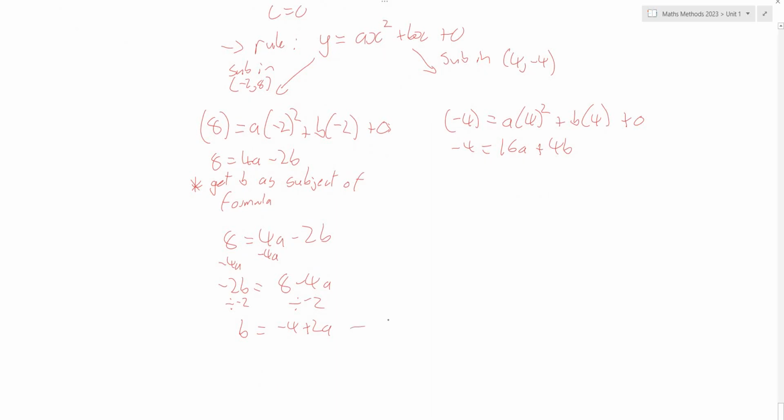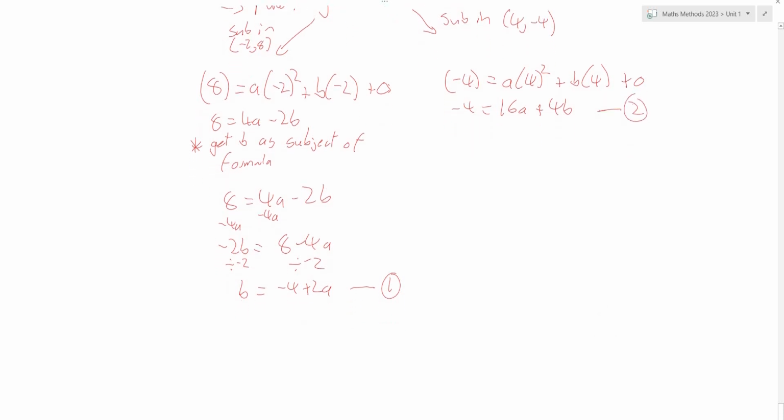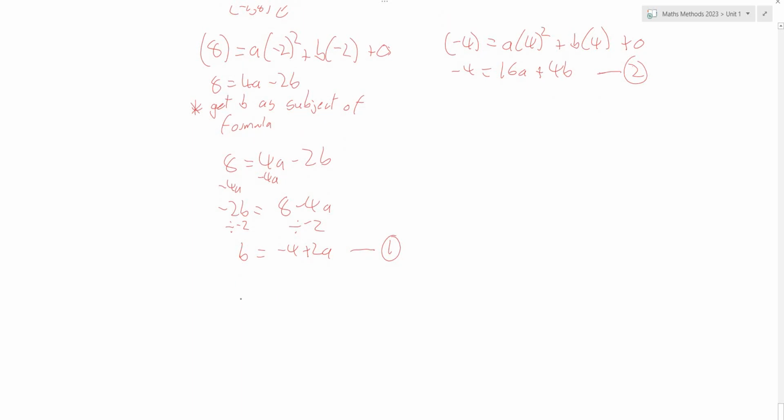I'm going to call this equation 1, because it wasn't doing anything for us. I'm going to call this equation 2. I'm going to keep going down the left-hand side here. I'm going to say sub equation 1 into equation 2. So anywhere there's a b in equation 2, I'm going to replace that b with minus 4 plus 2a.